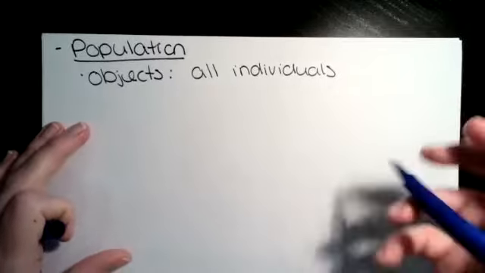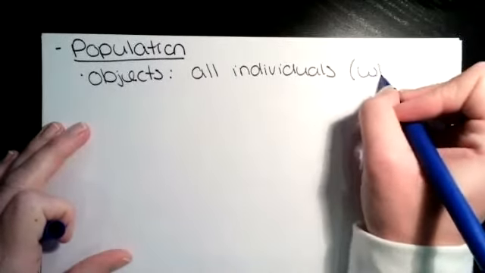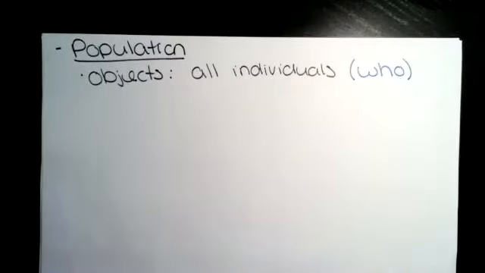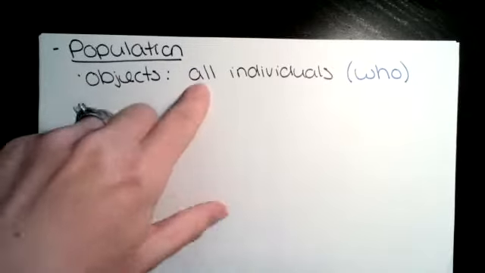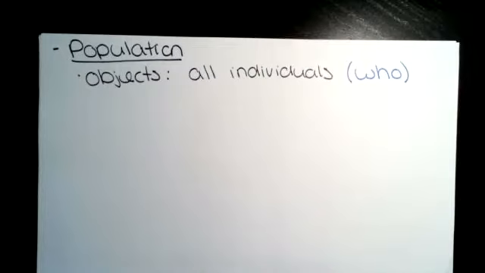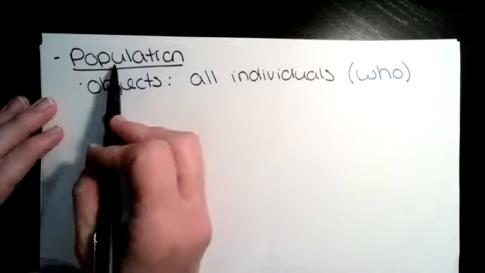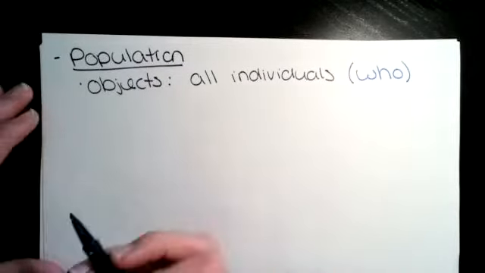So the example we're going to do today is about RIT students. So yes, we might only sample 100 RIT students, but the population, the objects are going to be all RIT students. You see what I mean? So it's all of that group, not just the few that I actually asked the question. So it's about the population, not the sample.